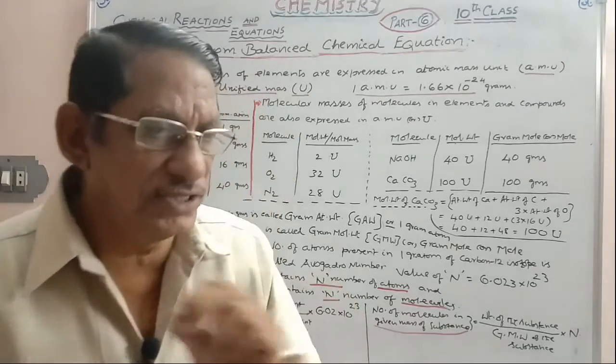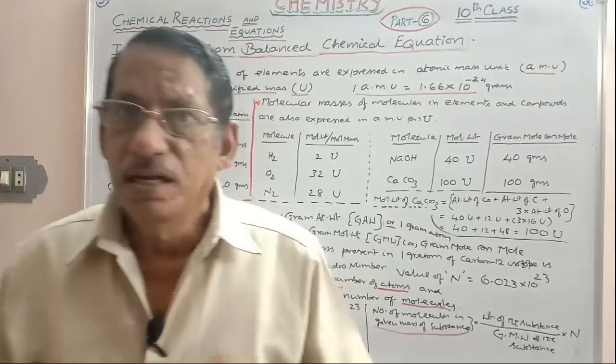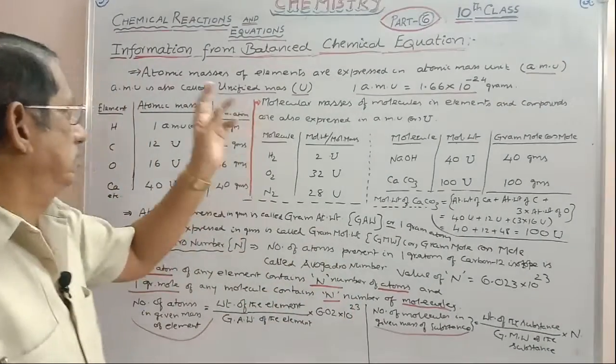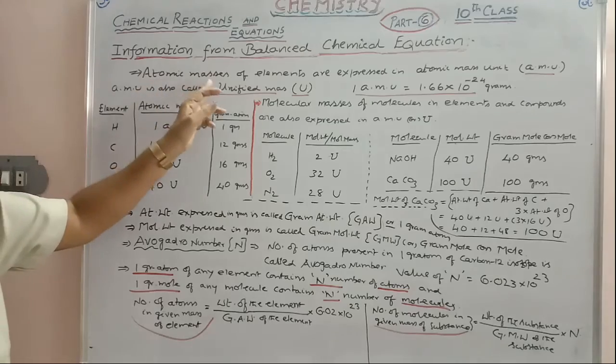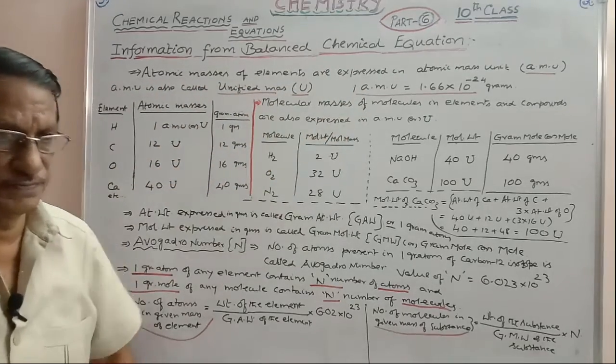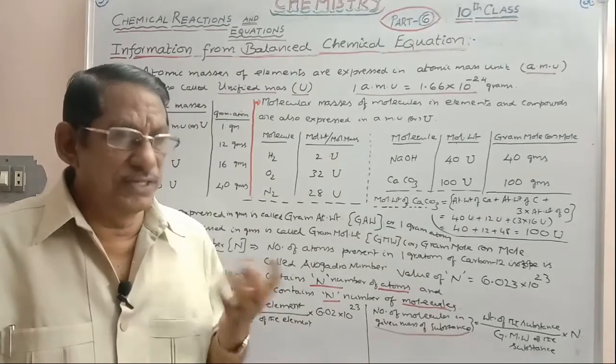First of all, atomic mass unit, represented by AMU. Atomic masses of elements are expressed in atomic mass units. I am not going to give the definition of AMU.